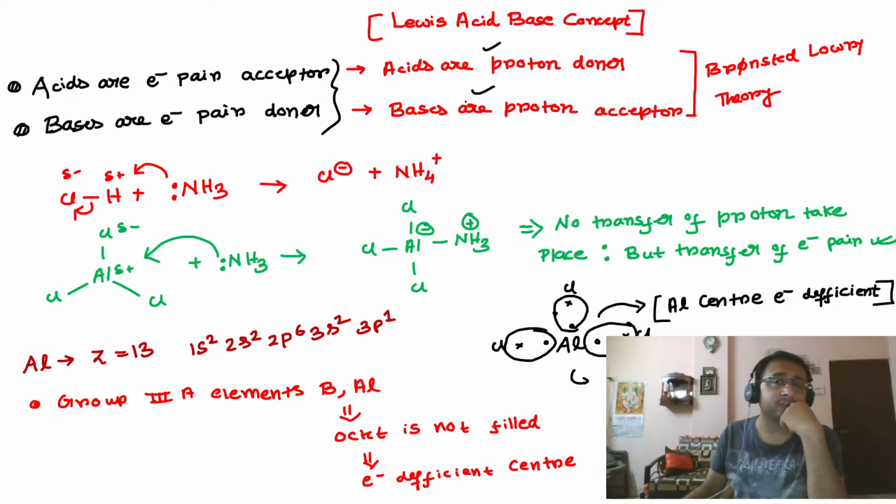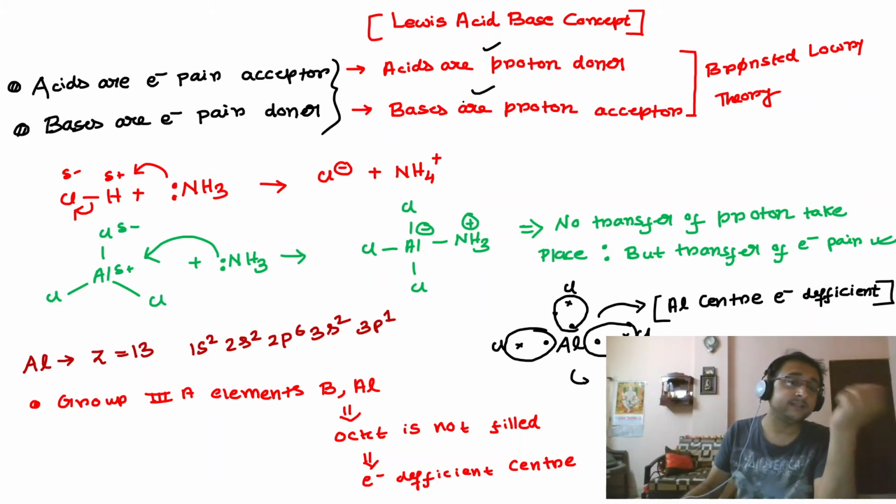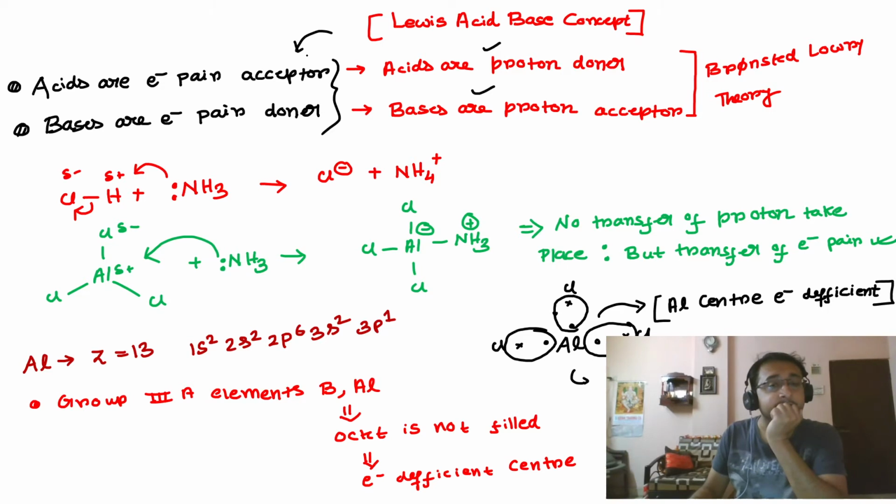There is already the Bronsted-Lowry theory. Is it not sufficient? Why do we require another acid-base theory, called the Lewis acid-base theory, that I am going to explain in this slide?